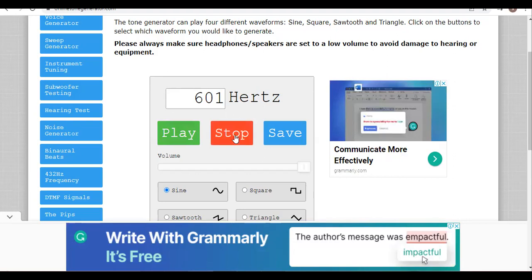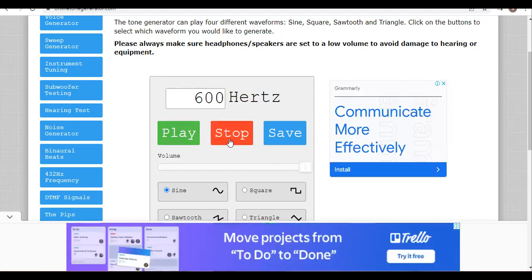If I stop one of them, that's a continuous frequency, 600 hertz. But if I play both, you should be able to hear the rising and falling of the sound waves. And that is what we call beats.